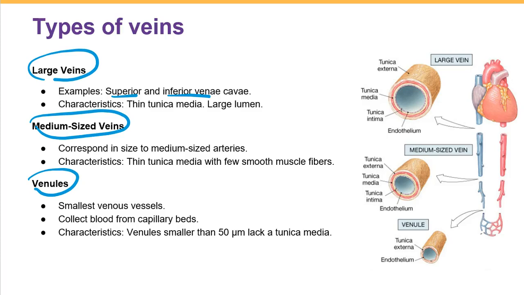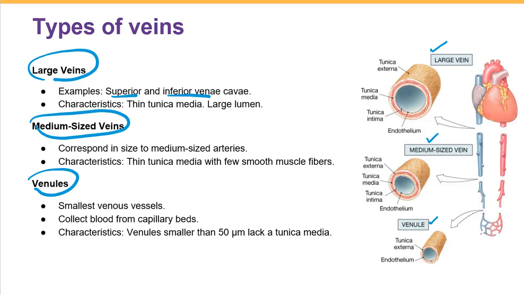Then venules. These are the smallest veins, collecting blood from the capillaries, and some are less than 50 micrometers and don't even have a proper middle layer. So they're like tiny veins. Again, as you can see, the largest one is the large vein, then the medium-sized vein, and then the smallest one is the venule.